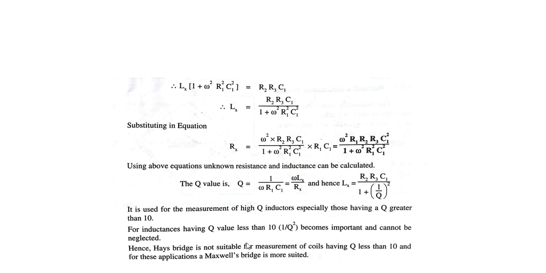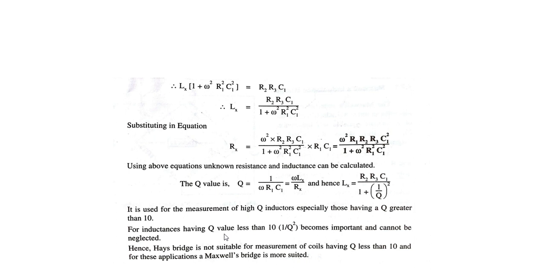Generally, from this equation we can conclude that this is used for measurement of high Qs. It is used for the measurement of high Q inductors, especially those having a Q greater than 10. So you have to keep in mind that Hay's bridge is used for measurement of a Q factor more than 10. Why is it not used for a Q less than 10?